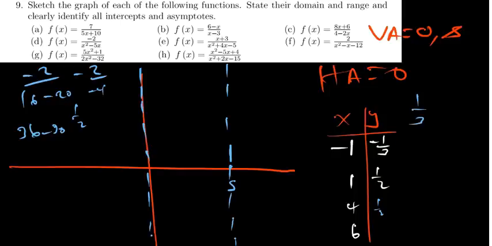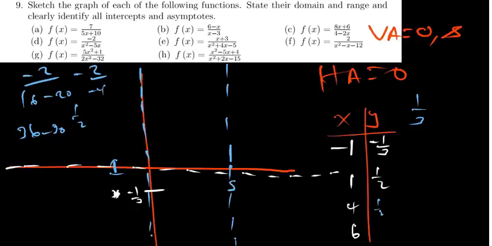So now from here I can see that I have negative 1 comma negative 1 over 3. The horizontal asymptote is 0, so we have to put 0 here. I'm going to put this point at negative 1 over 3, meaning at this point is where I'm going to have that one.